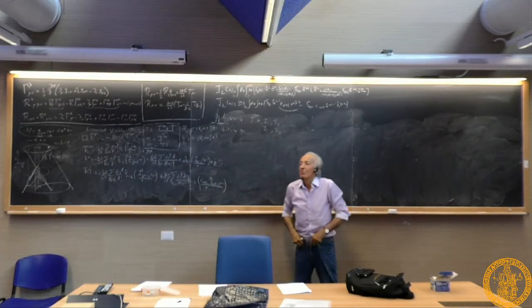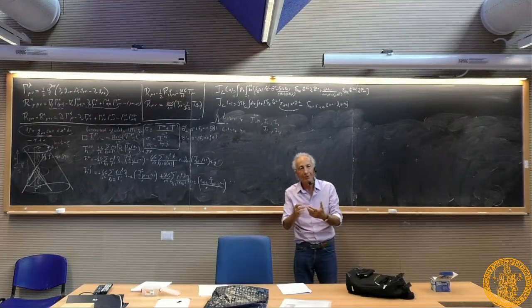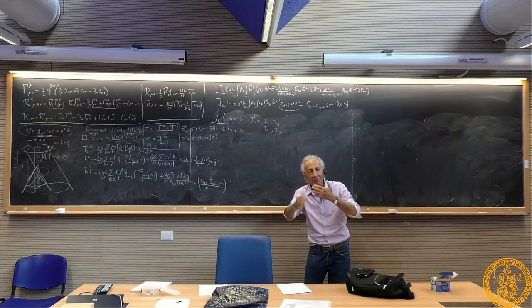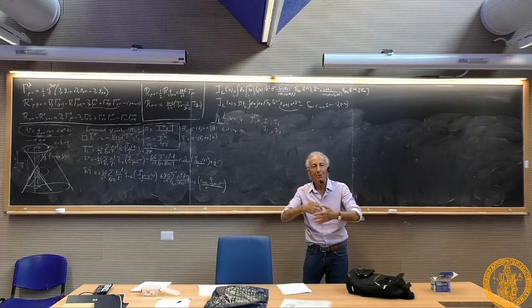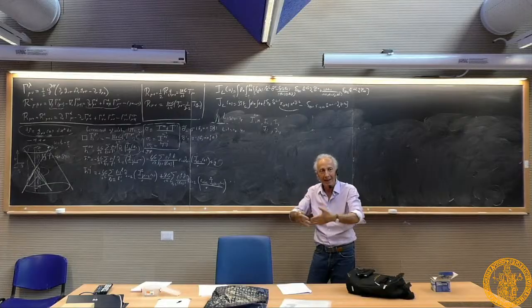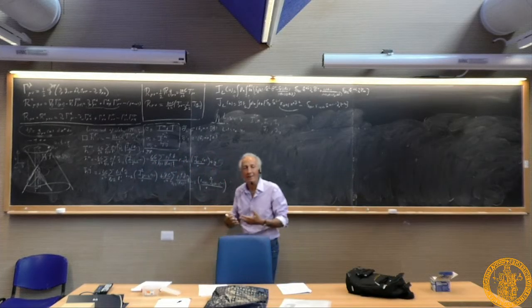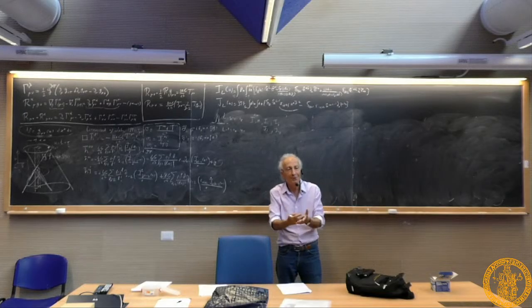And when you make a rotation of the source, the multipole moments will rotate. But by definition, this is what is called symmetric trace-free. I mean, it's an irreducible representation. They rotate among each other, and therefore each one of these blocks is multipolar in the good sense.